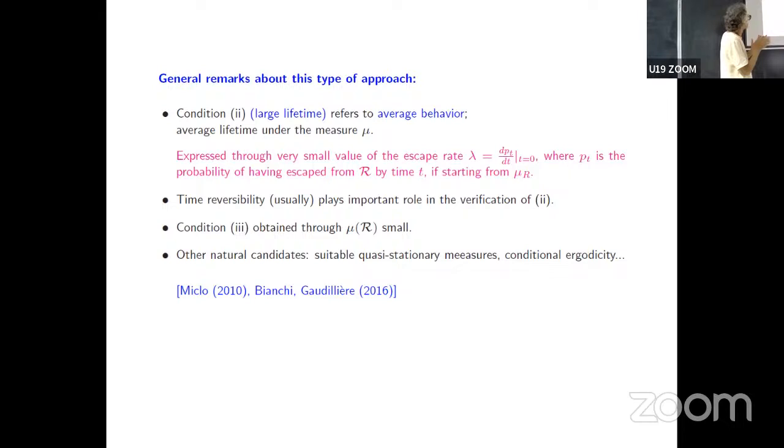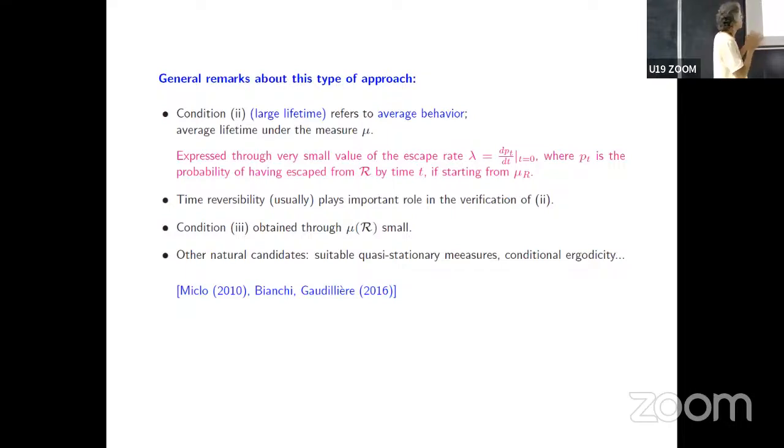And since then, other candidates of a general nature have emerged, and natural things that you can imagine are the quasi-stationary measures, which are well defined and have been studied. Also, conditional ergodicity is an important thing. This has been exploited by many people.